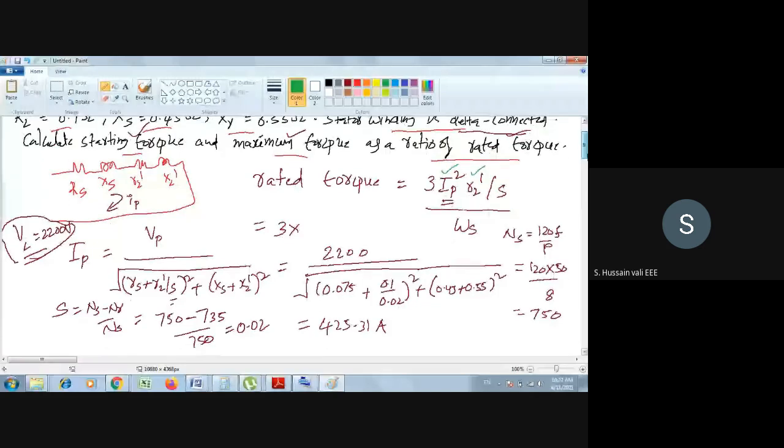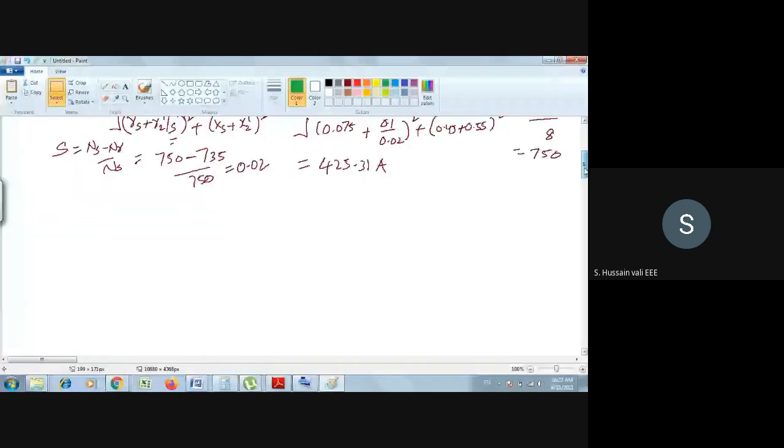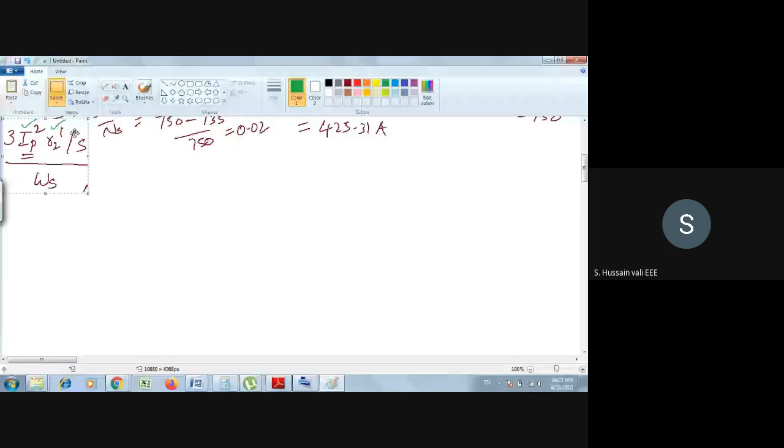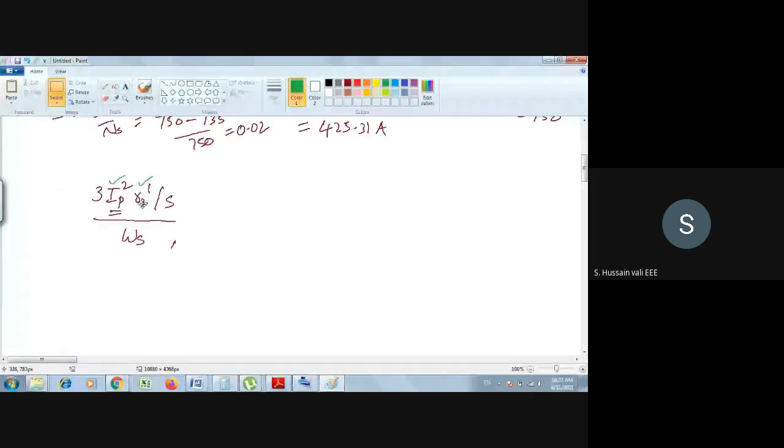Then we need to find out this thing. So 3 into 425.31 whole square, R2 dash is 0.1, divided by 0.02, whole divided by omega s.